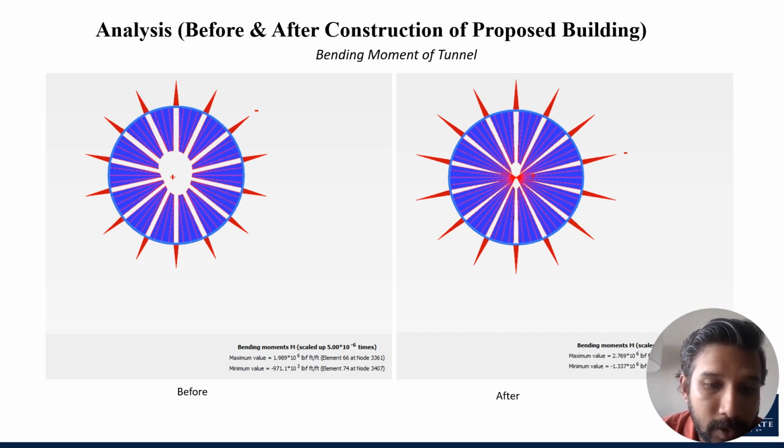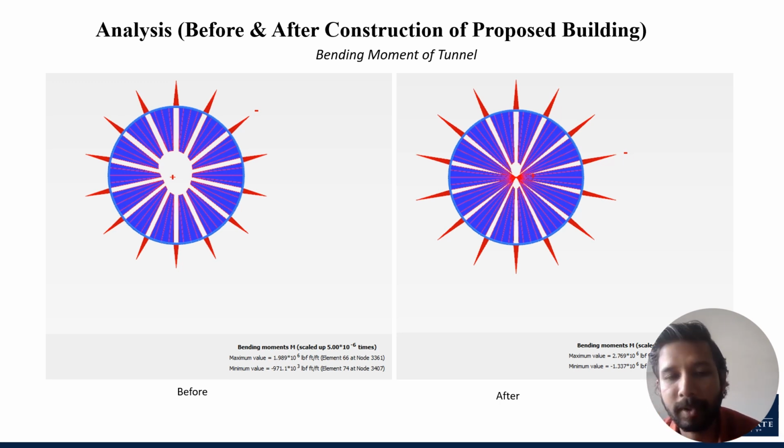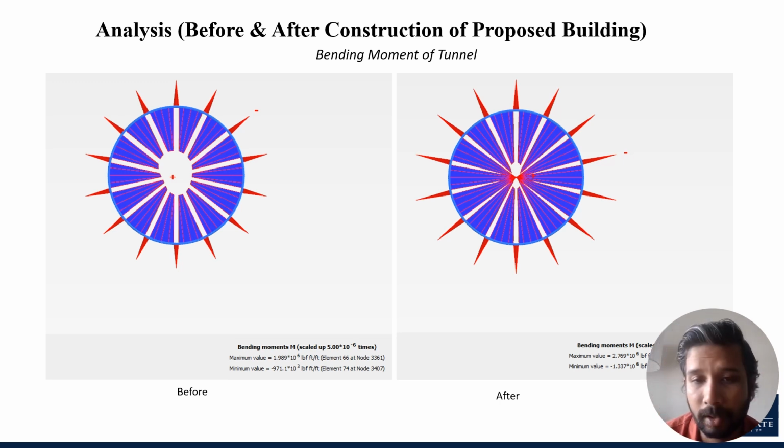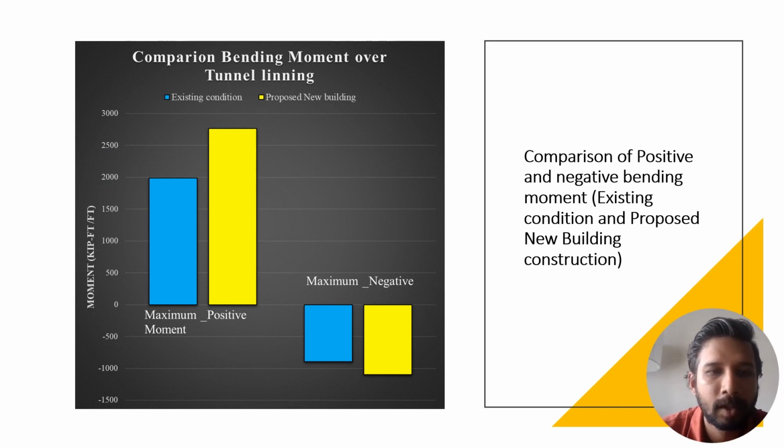The maximum value of positive bending moment before construction was 1.989 times 10 to the 6 pound feet per foot strip, and that maximum value becomes 2.769 after the construction. So we can see significantly increasing axial, shear force and bending moment changes on the tunnel concrete with the construction of the new building.